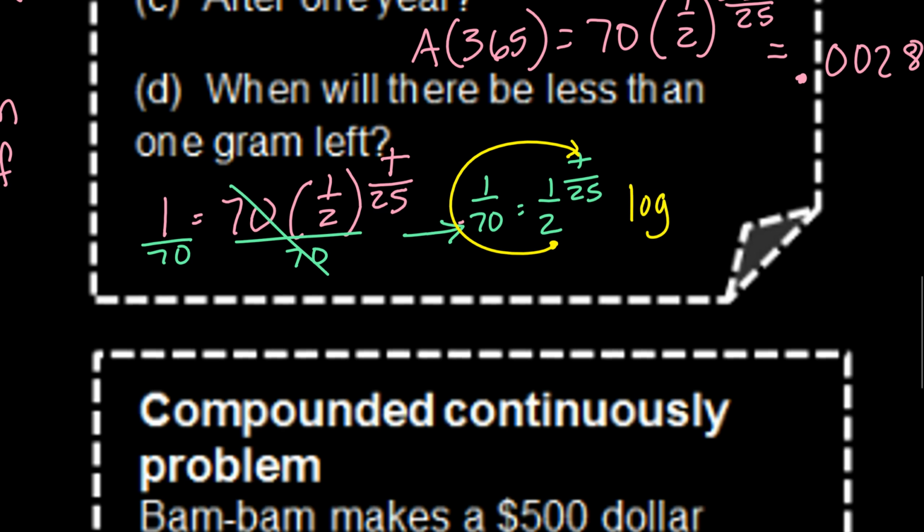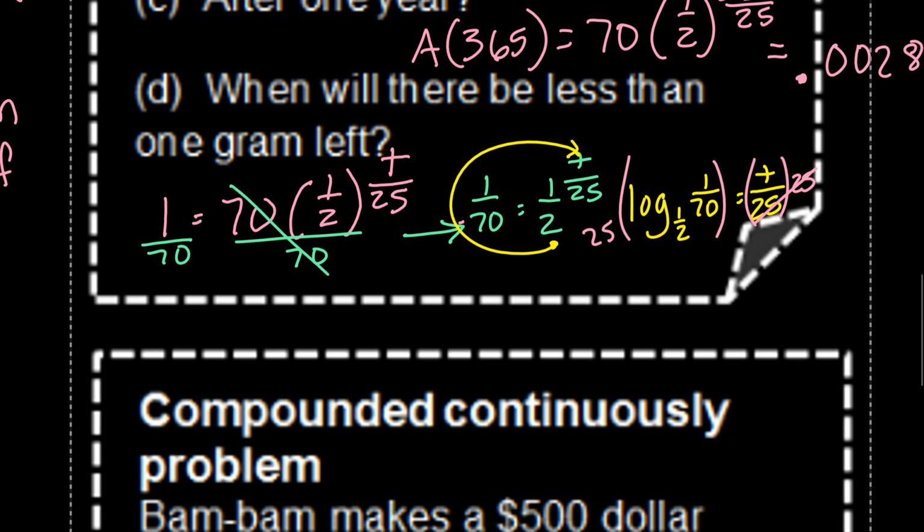Log base what? Of equals. Is my t by itself yet? No. What's my last and final step here? Multiply by? So I have 25 times log base 1/2 of 1/70.